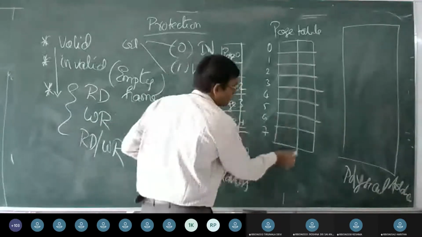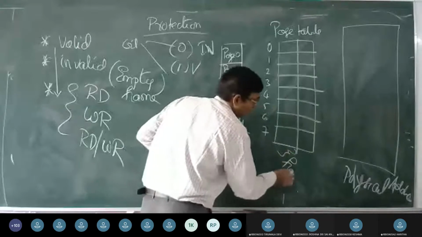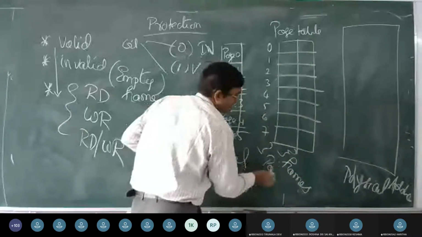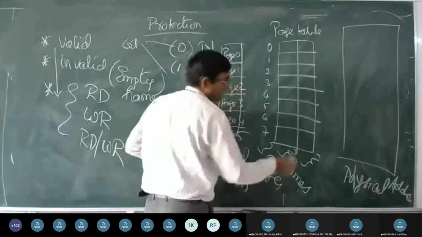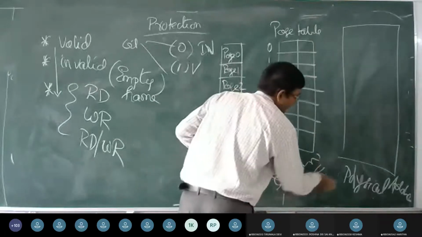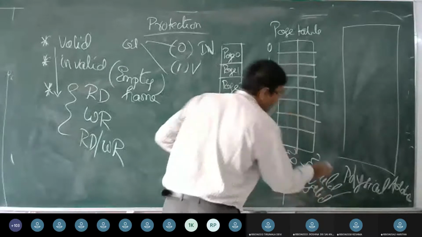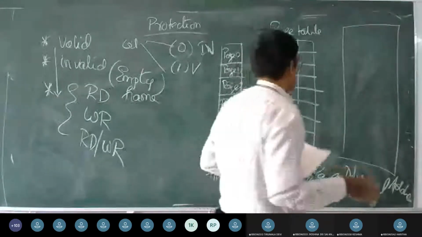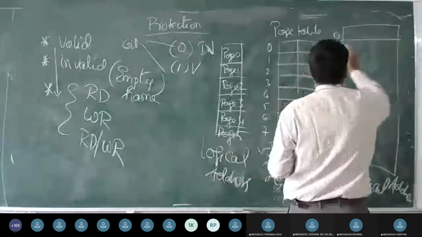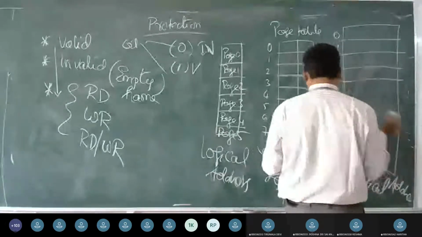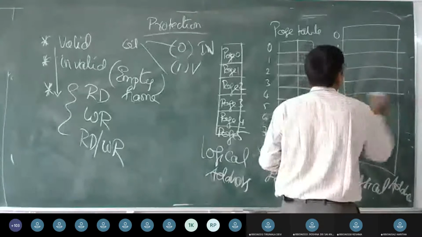Then we have a page table. These items we are going to call fields. 0 to 7 we call pages, and this cell we are going to represent either as a valid bit or as an invalid bit. So we do have the items as follows.